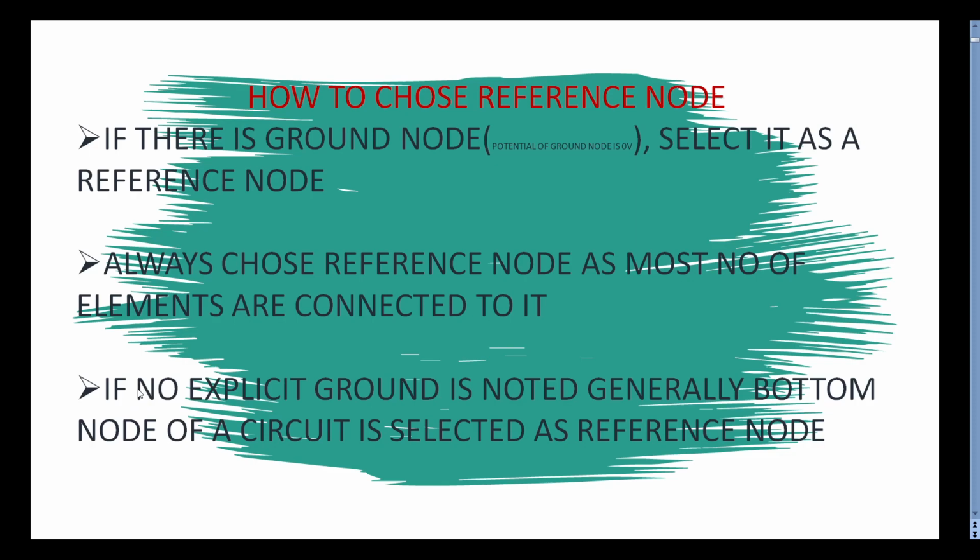Step 3: If no explicit ground is noted in the circuit, generally the bottom node of the circuit is selected as the reference node.